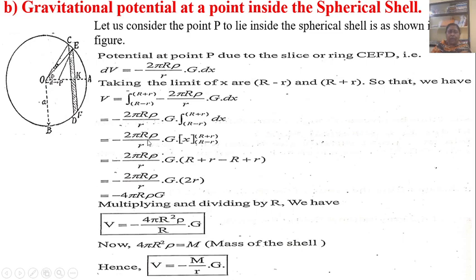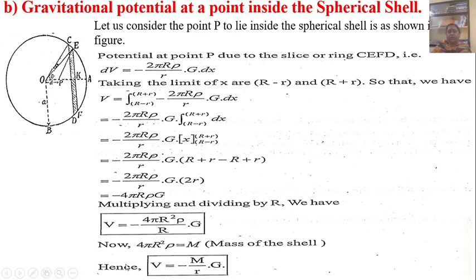minus 2 pi R into rho upon r into G, x. Taking the limit here, we get minus 2 pi R into rho upon r into G, after taking limit, r plus R minus r plus R. So after simplification, V equal to minus 4 pi R rho into G, and after multiplying and dividing by R, we get V equal to minus 4 pi R square rho upon r into G. Now 4 pi R square into rho equal to the mass of the shell.